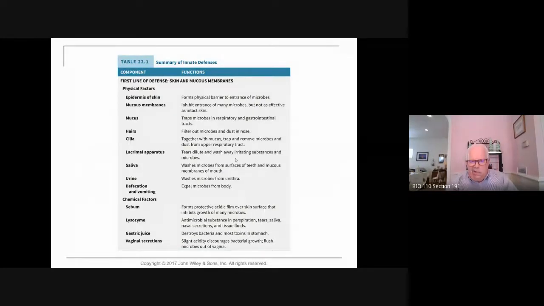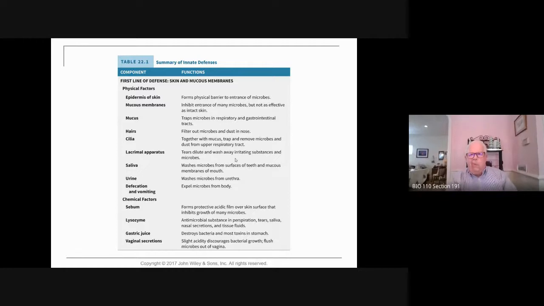Innate immunity. You are born with it. You are born with a physical barrier, the epidermis of your skin. You are born with mucous membranes. You are born with mucus. You are born with hair. You are born with cilia in your upper respiratory tract to get rid of dust, to get rid of microbes.